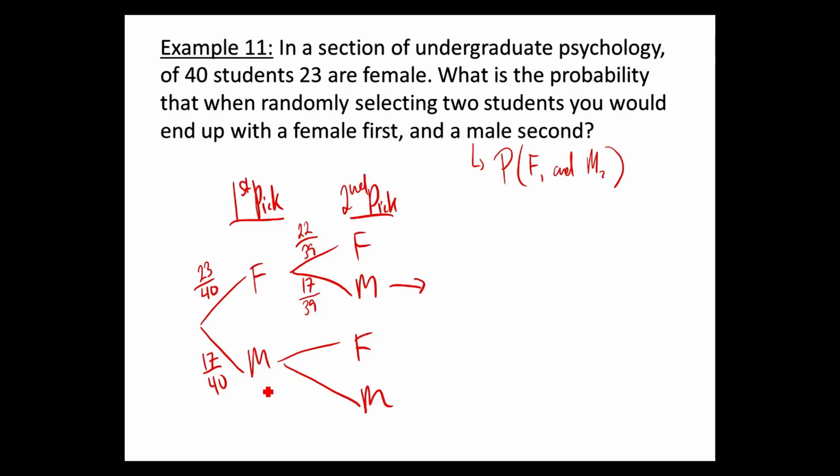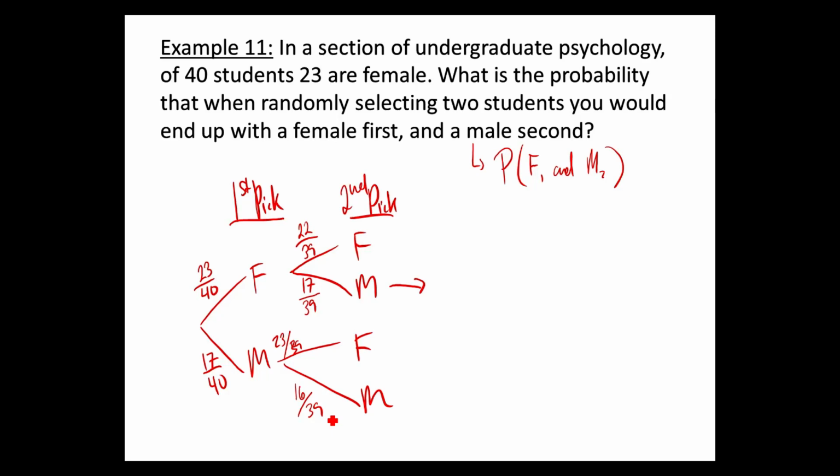On the other hand, if you had picked a male first, what would have been the probability of a female? You would have still had all 23 females out of the 39 remaining, but you would have only had 16 males to pick from out of the 39 remaining students, right?